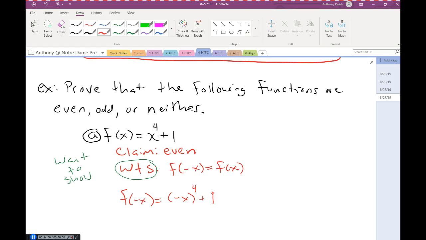Now I can simplify negative x to the fourth. What does negative x to the fourth simplify to? If I multiply 4 negatives, I get a positive, and x times x times x times x is x to the fourth. Everybody agree with that? And I notice that x to the fourth plus 1 is exactly f of x. So I'm done.